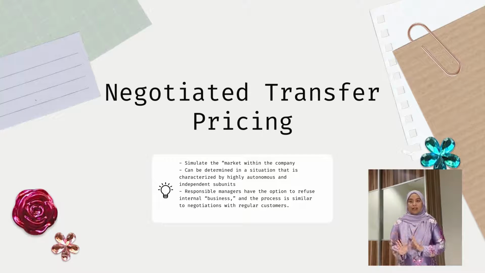As a result, it is difficult to assess whether negotiated transfer prices can fulfill the coordination and profit allocation function. This is because they depend on the negotiating power and negotiating skills of the individuals involved in the negotiation process.